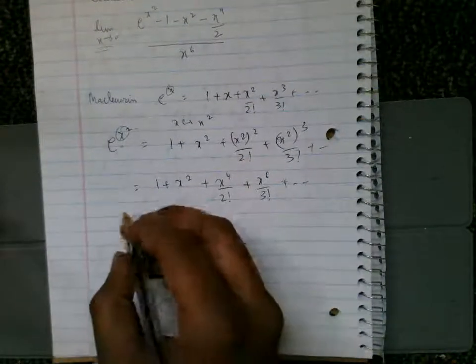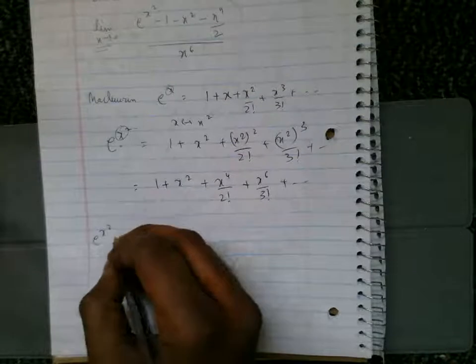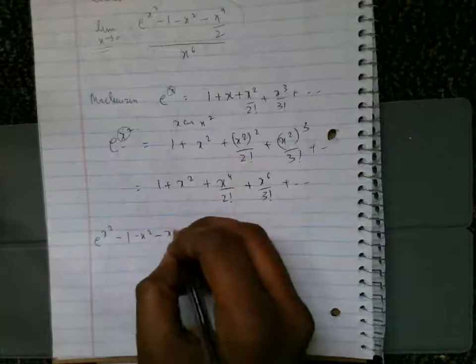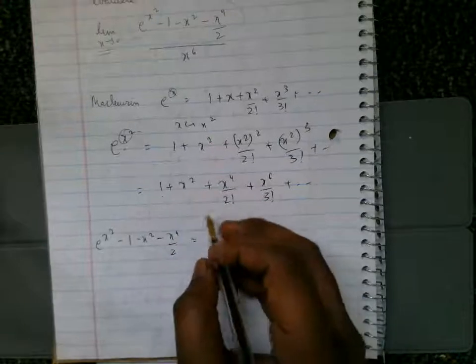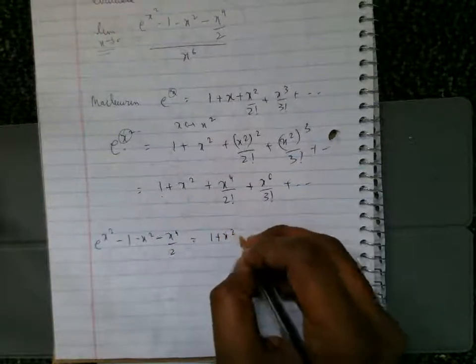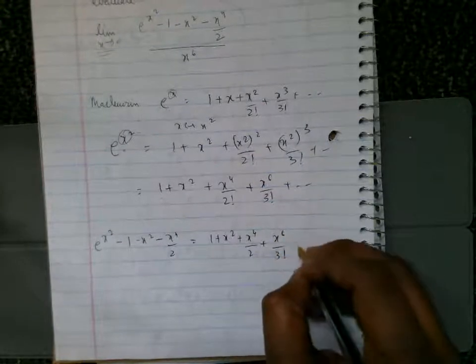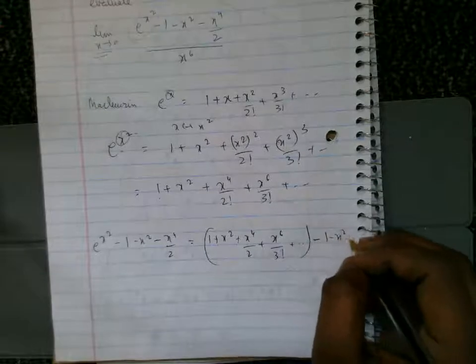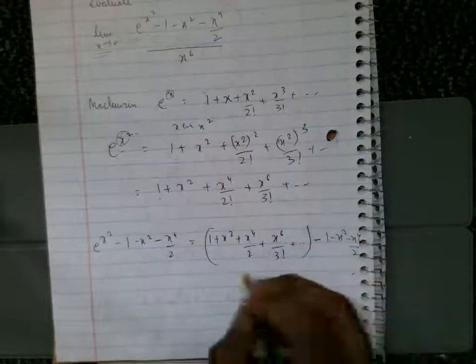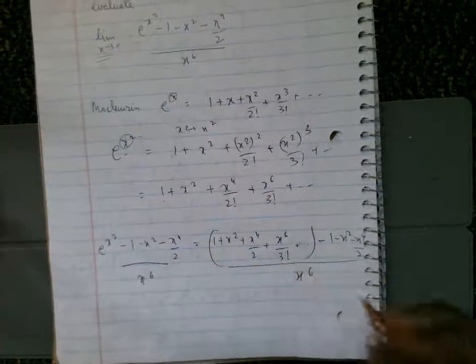And so let's look at the Maclaurin series of the numerator here. You'll have e to the power x square minus 1 minus x square minus x4 by 2. So this can be written as 1 plus x square plus x4 by 2 plus x6 by 3 factorial plus so on, minus 1 minus x square minus x4 by 2, divided by x to the power 6.